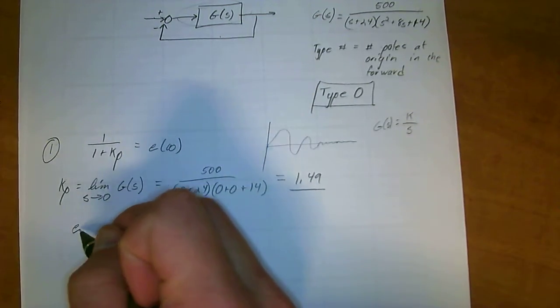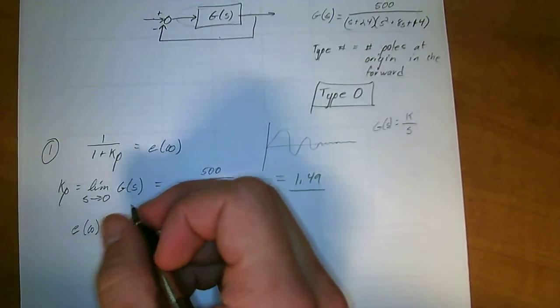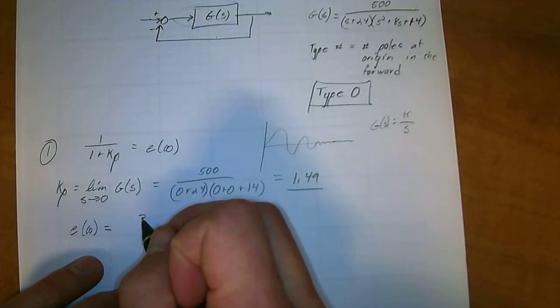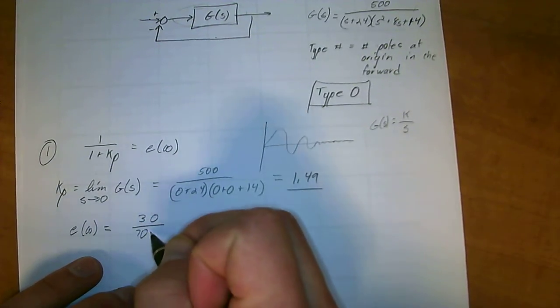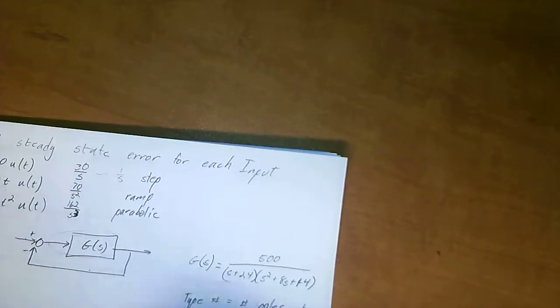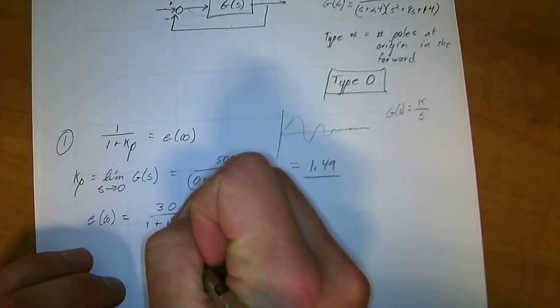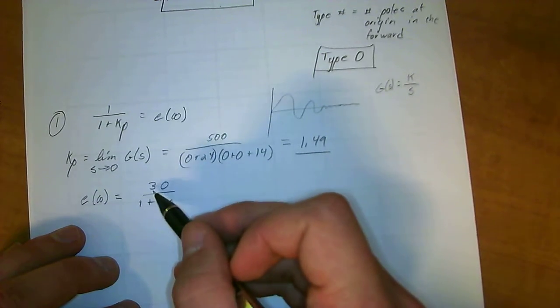So our steady state error, e of infinity, is equal to, oh, no, sorry, math is wrong. 30 over 1 plus Kp. Now you're going to ask, well, where did this 30 come from, Gabe?